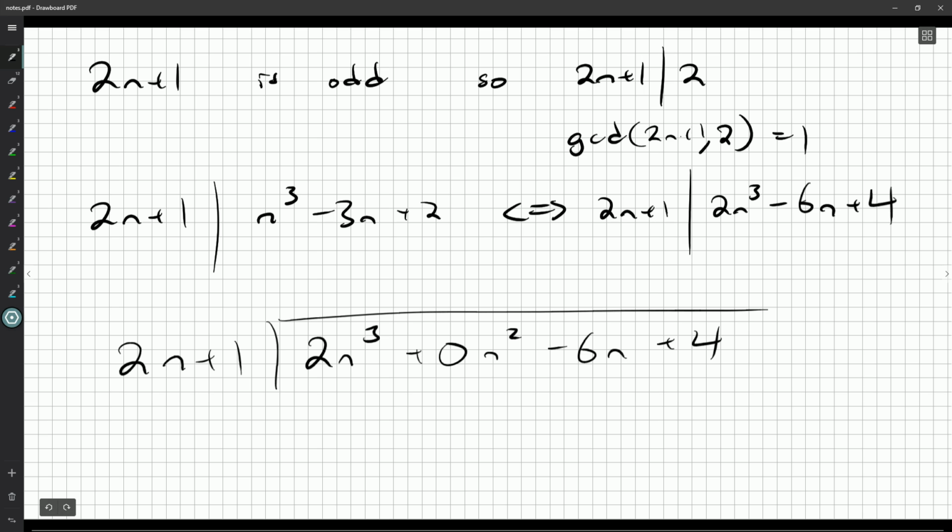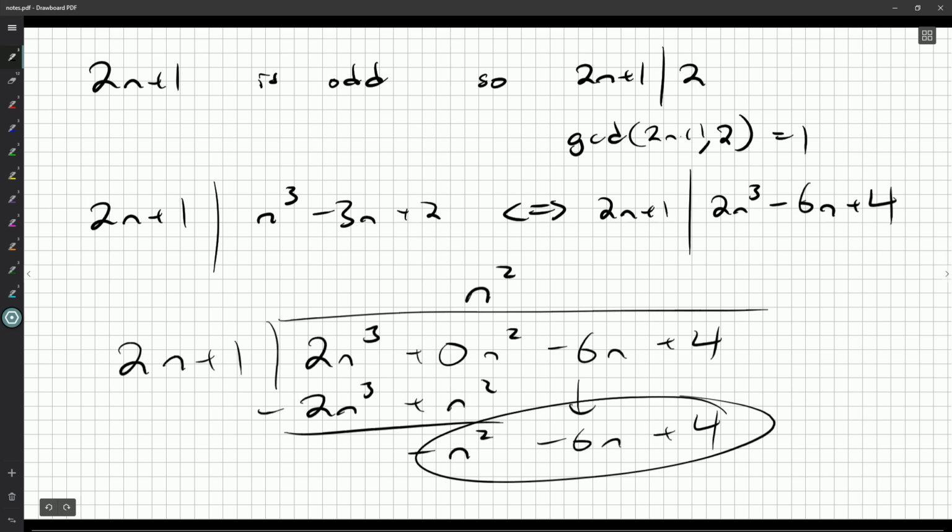Now, how many times does 2n go into 2n cubed? N squared. And we can perform a nice little long division. And then, oh, we've got the same problem. Rats. Well, we can say it divides n squared, and we can just say this is the remainder.